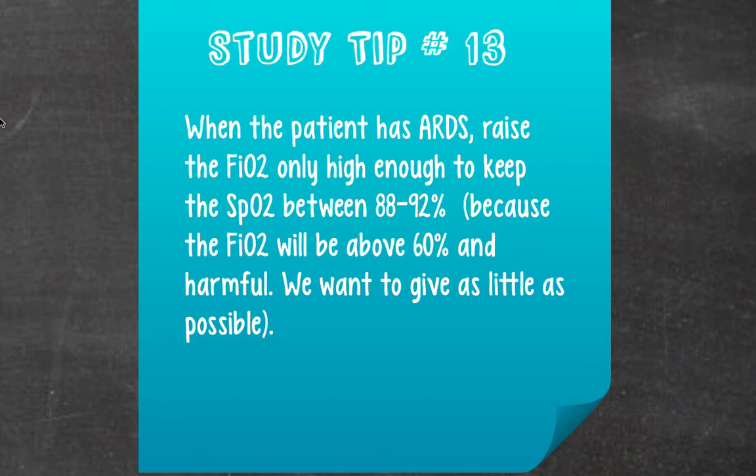Tip number 13. When the patient has acute respiratory distress syndrome, raise the FiO2 only high enough to keep the SpO2 between 88 to 92%, because an FiO2 above 60% is harmful. We want to give as low as possible.